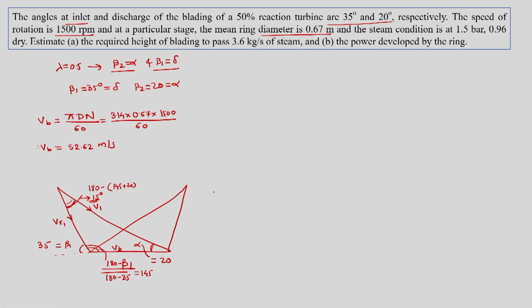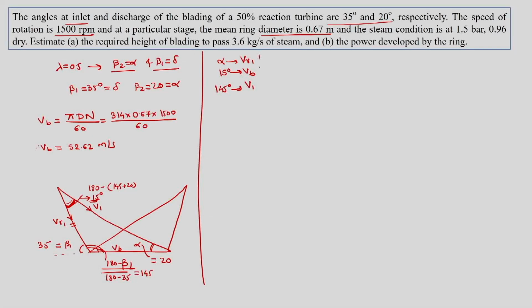So what we have is alpha is the angle across which we are having side VR1, the 15 degree angle is across which side is VB, and this angle is 145 degrees and across it is side V1.